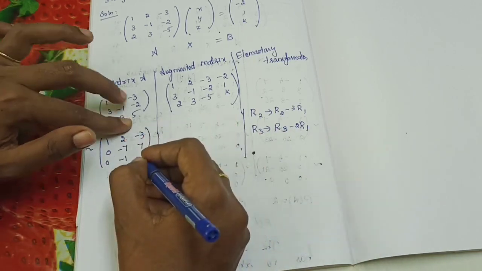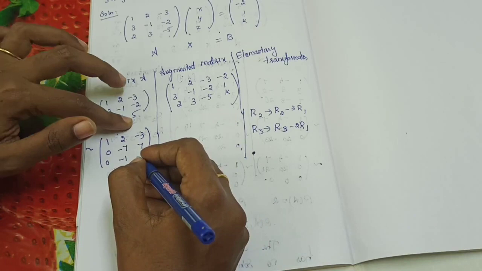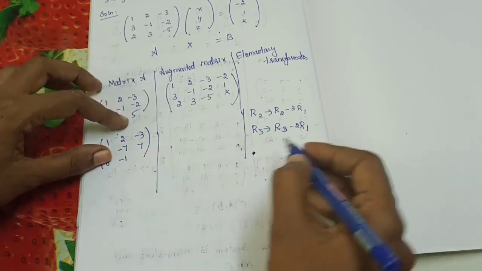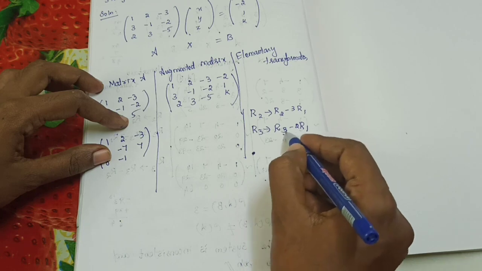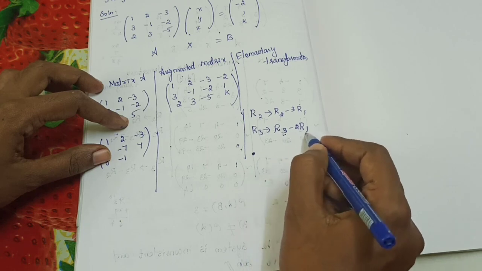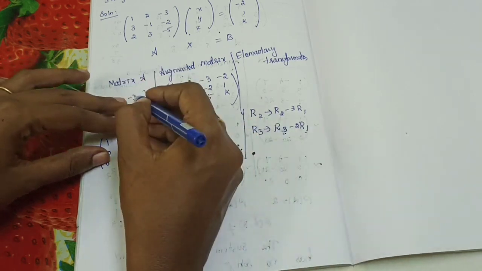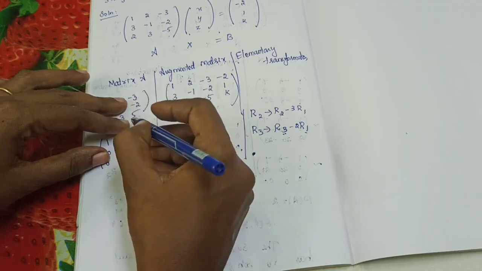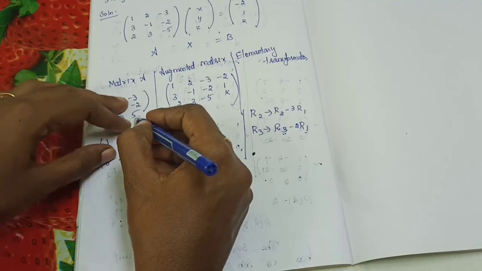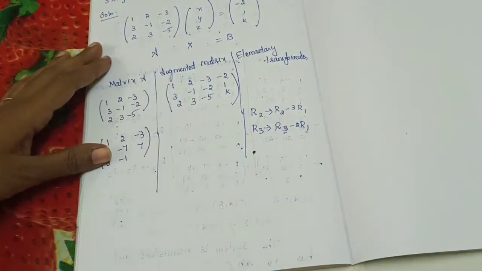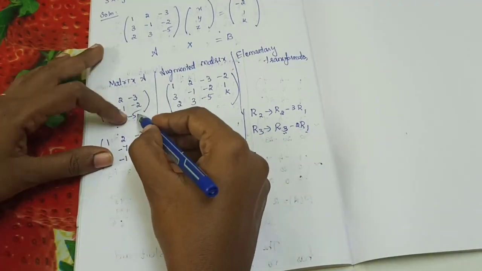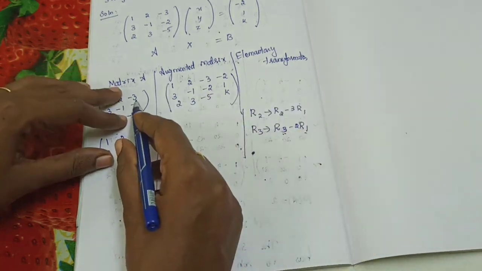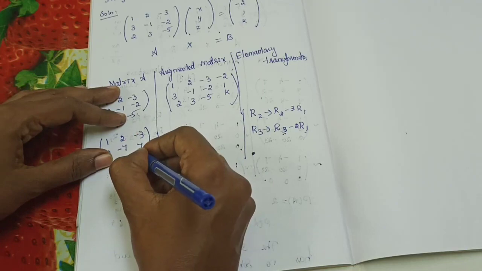Then 5 minus of minus plus, so minus into minus you will get plus 6. Here it is minus 5, so minus 5 minus of minus becomes plus, so you will get 1.